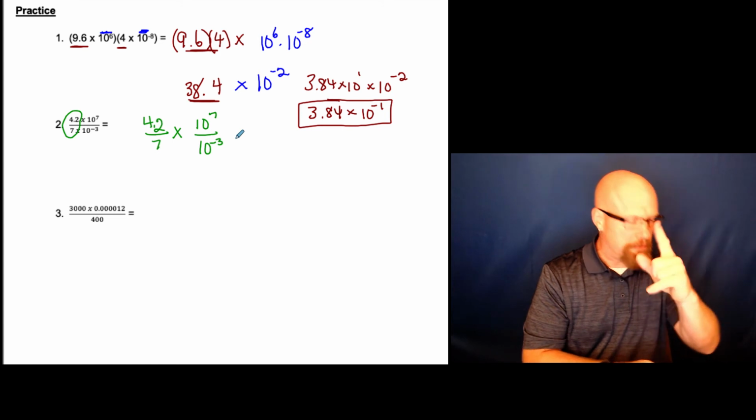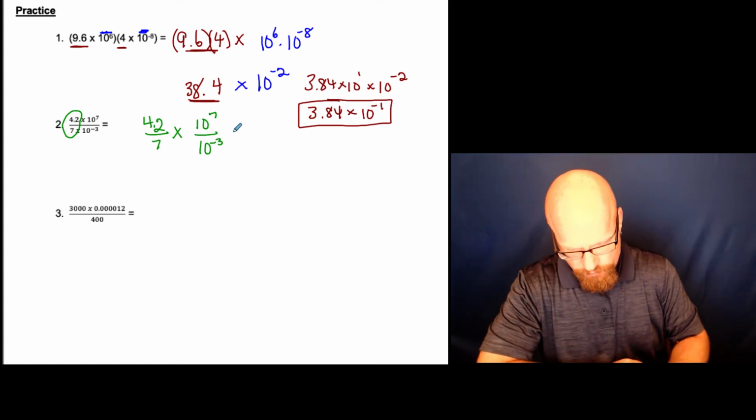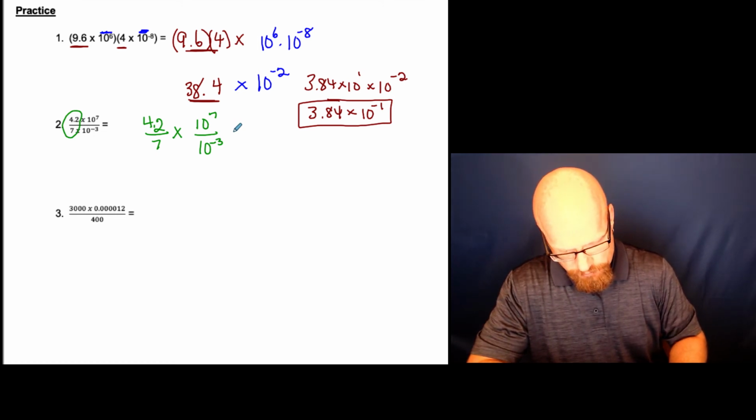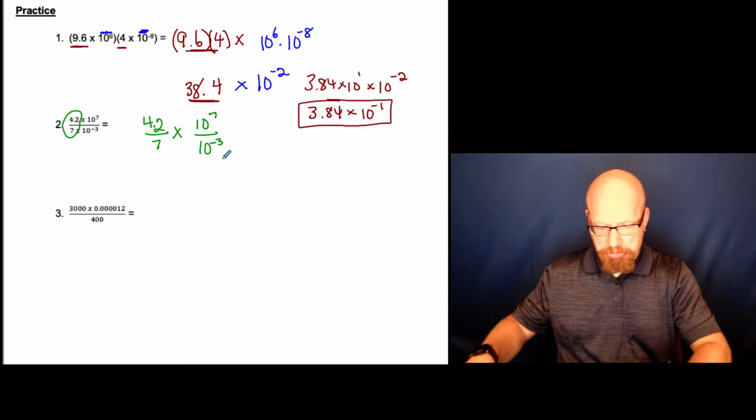I don't want to make any mistakes. Okay. It's 0.6. 4.2 divided by 7 is 0.6.